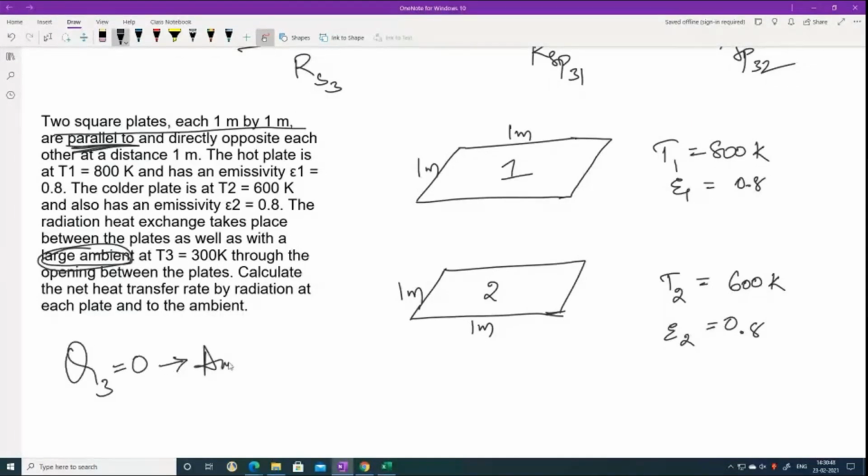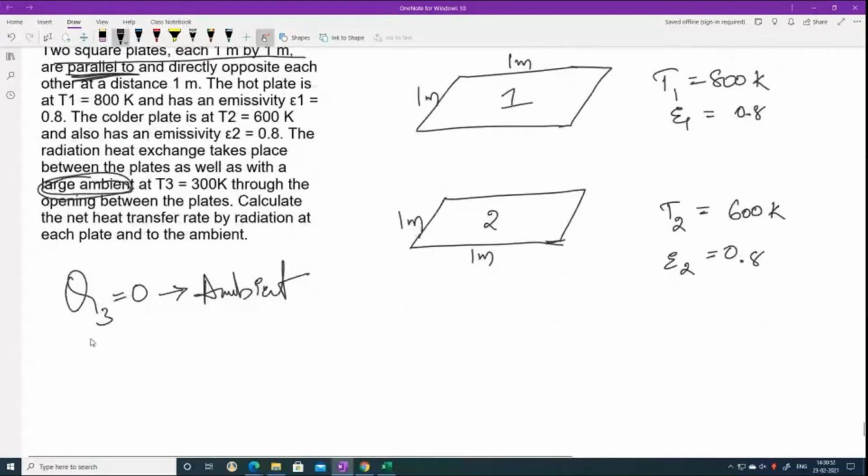It is also called a re-radiating body, this is a very important word. If you consider the third body to be a re-radiating body, Q3 becomes 0. The third body is there, but you consider it a re-radiating body.